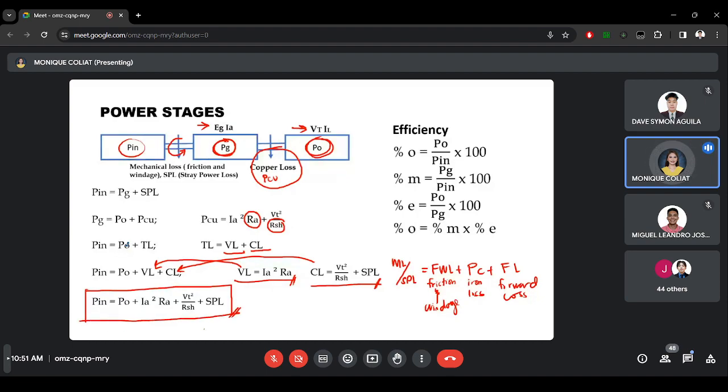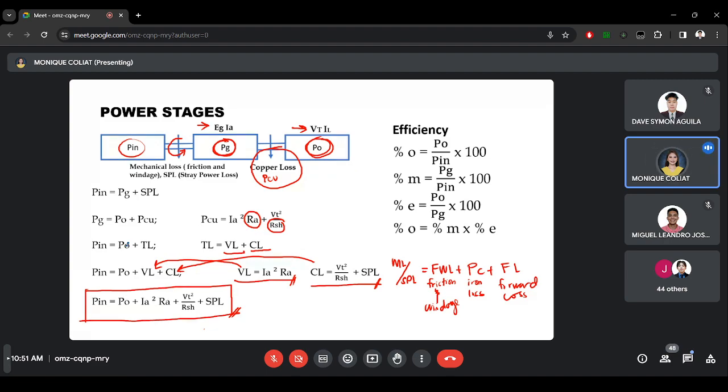Okay? So, ang PN po or input power ay nagbabago. Yung formula na yan ay nagbabago and it depends on what type of generator you have. Okay? So, PN varies depende sa inyong type of generator.